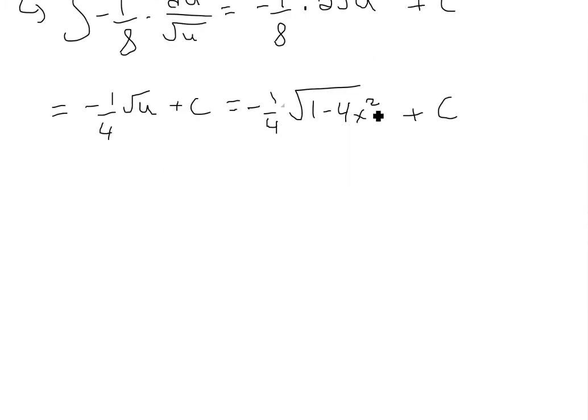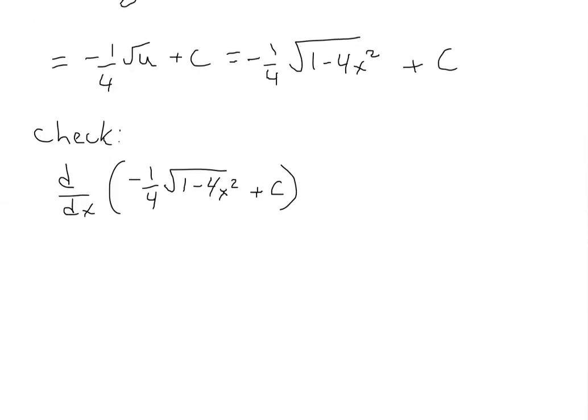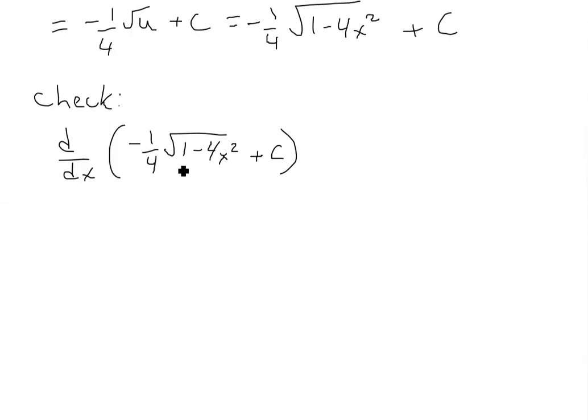Now, like always, you can check this by taking the derivative, and you could also graph it. First I'll take the derivative. If we take the derivative of this function, this is a square root, so you bring down a 1 over 2, so we'll have negative 1 over 8, because it's 2 times 4, and the power of 1 over 2 brings down to the square root of 1 minus 4x squared.